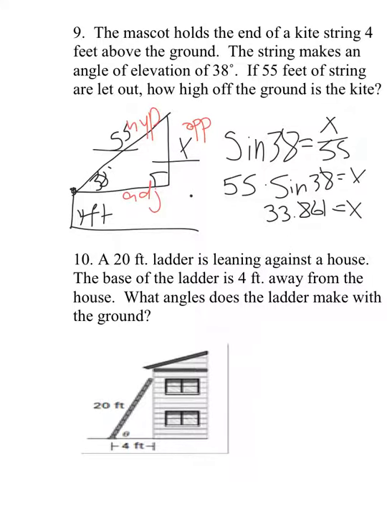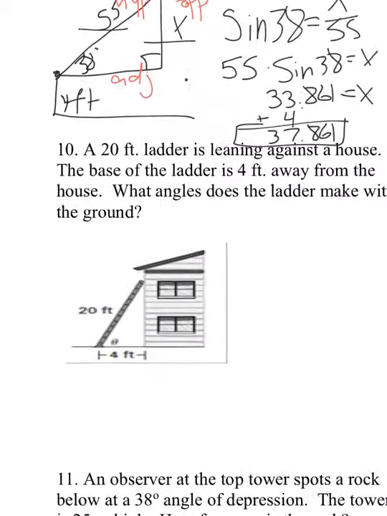And then to add the 4 feet to the ground, you should wind up with 37.861. Just add the 4 at the end. Don't try to put it into the trig problem itself.